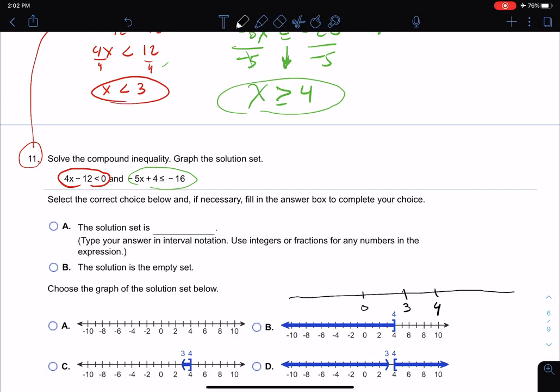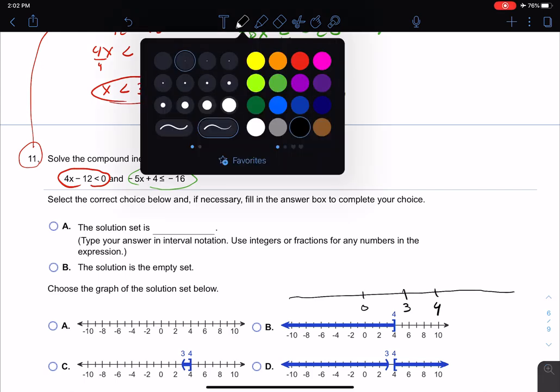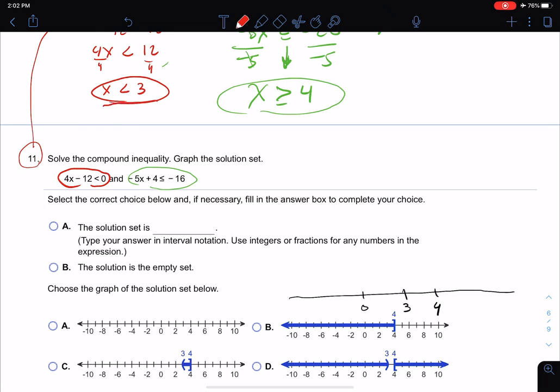But anyhow, let's do the first red inequality, which just says x is less than 3. Less than is to the left. And it's not equal to, so it must be open. And then we do our next one. This one says x is greater than 4. Well, greater than 4 is to the right of 4. And it is equal to it, so it must include 4.